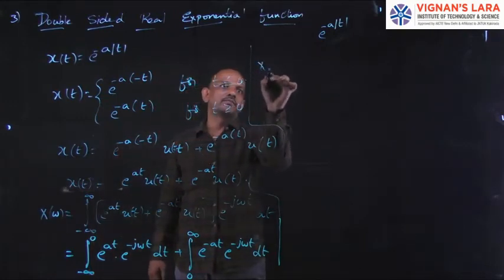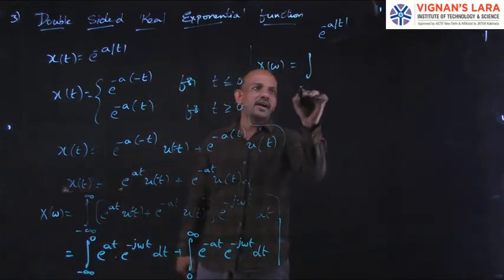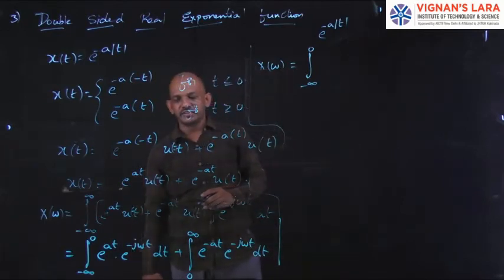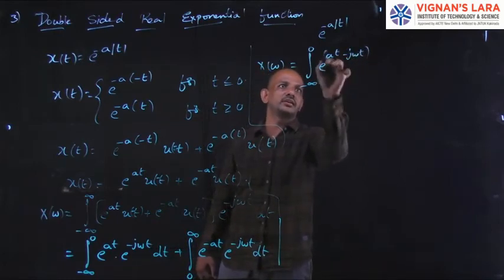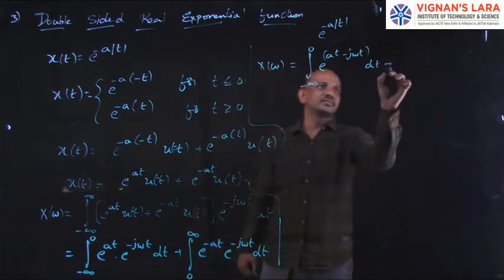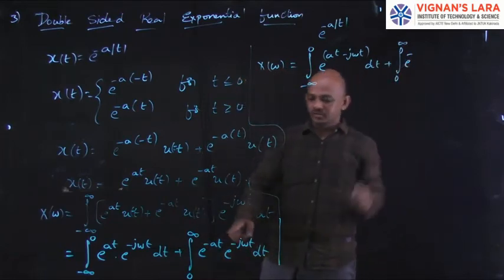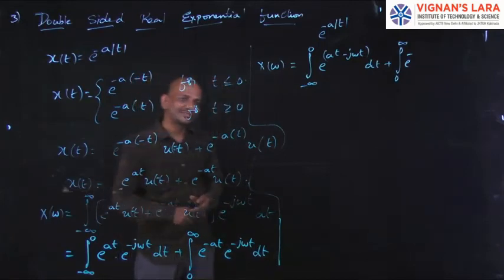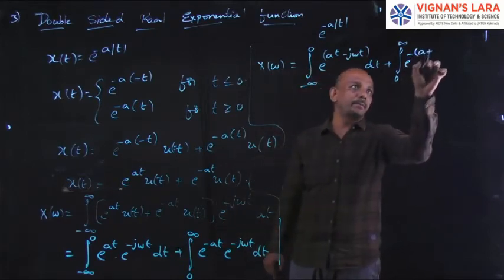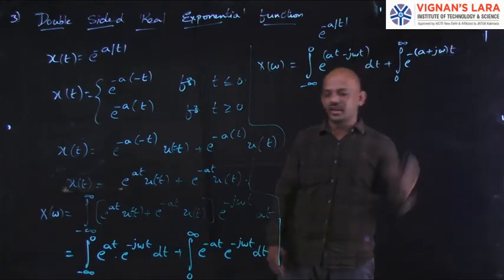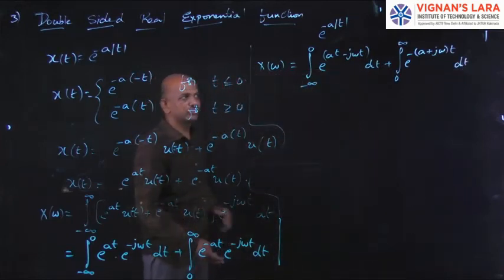Now I need the value of X of omega, that will be equal to, see, integral minus infinity to 0, so e power x into e power y, e power x minus y, that is e power at minus j omega t dt, plus integral 0 to infinity e power minus x minus y, simply minus x minus y, take minus as common, what will we get, a plus j omega into t. I'm directly writing the steps, because in the second example I did all this, so I directly write the step dt.